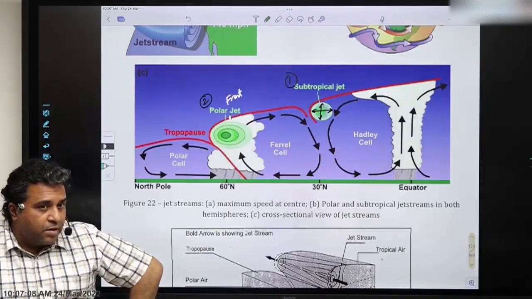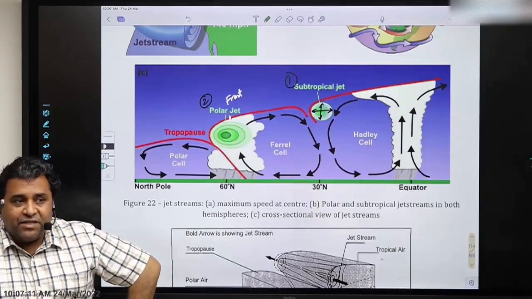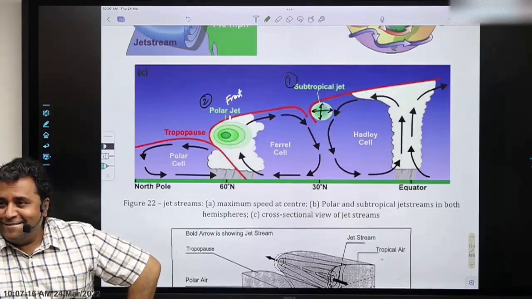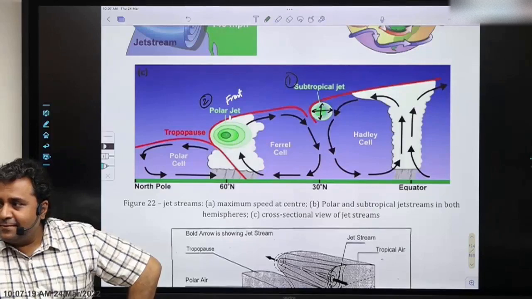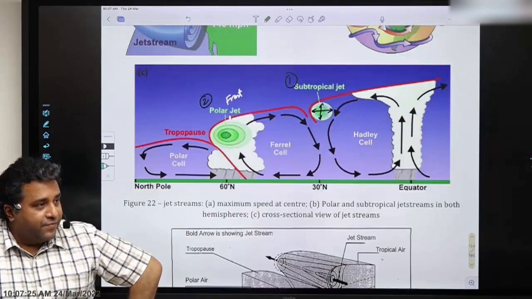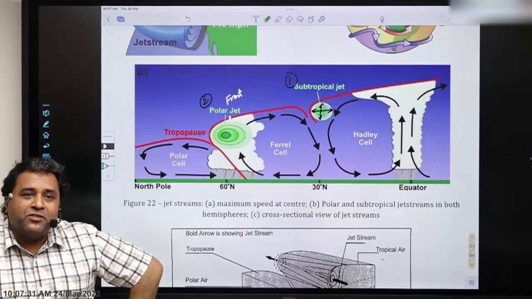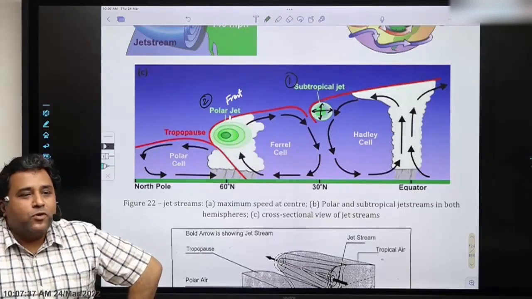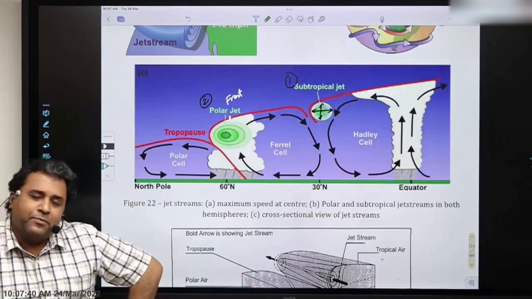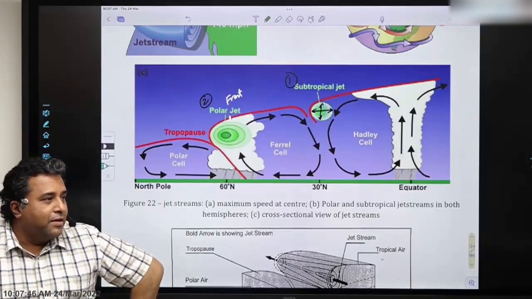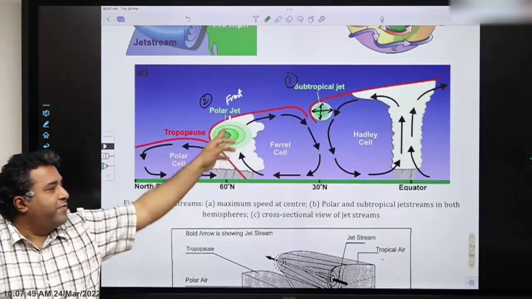Polar night jet stream at 60 degrees, right? Check once in your copy. Which jet stream? Polar frontal jet stream or night jet stream? Sure? Whenever I say check in the copy, you change the answer? Polar frontal jet stream. Very good. So in this region you have the polar frontal jet stream in the upper atmosphere.